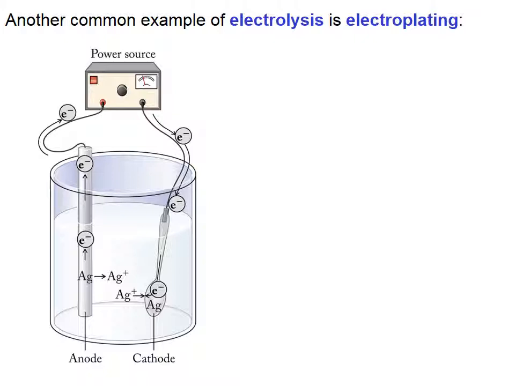So if I can make this reaction occur by using a power supply, I'm going to take electrons from my anode, which has to be hooked up to the positive terminal of my power supply, and then I'm going to push electrons into my cathode, which must be connected to the negative side of my power supply. So the sign convention of the electrodes is reversed when we're doing a non-spontaneous reaction.